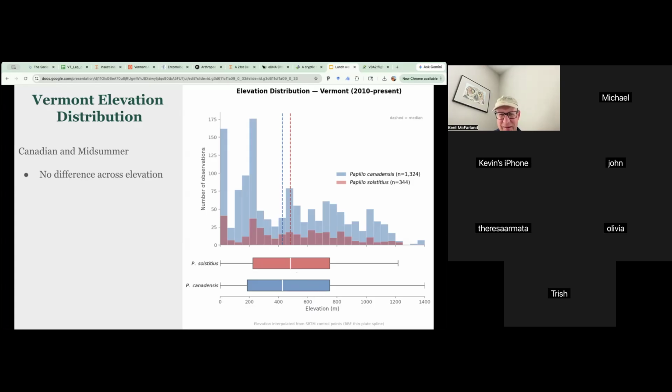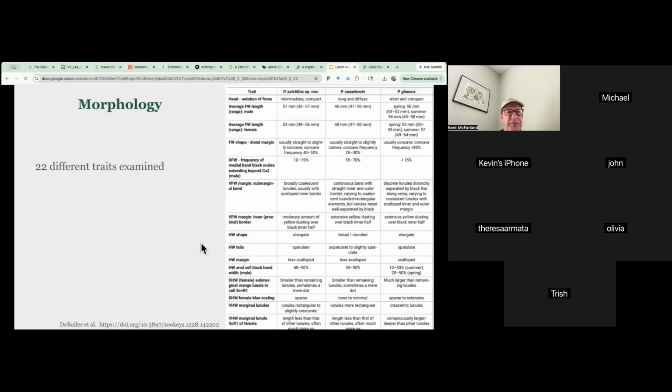I mean, maybe Canadensis is a little bit higher elevation, but these box plots right here are basically showing that they're pretty much both using the same elevation. So far in the sample, looking quickly at these samples, there's no elevational gradient going on that I can see. Doesn't mean we won't find it, and we need to do more of this stuff, but it doesn't look like it's happening so far in our sample.